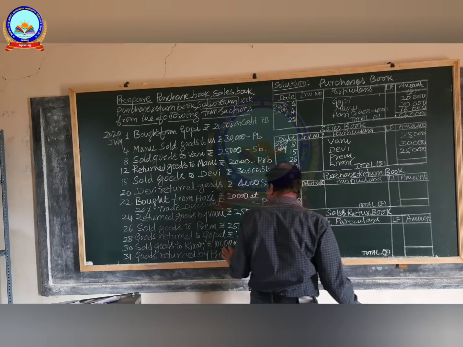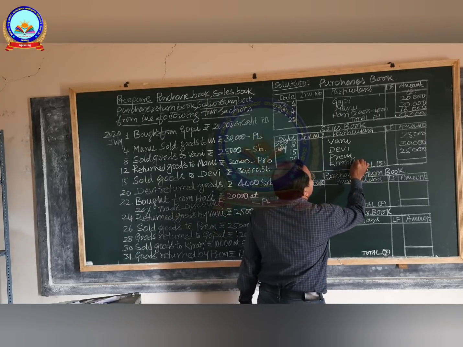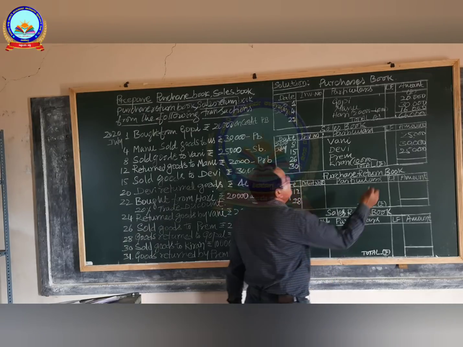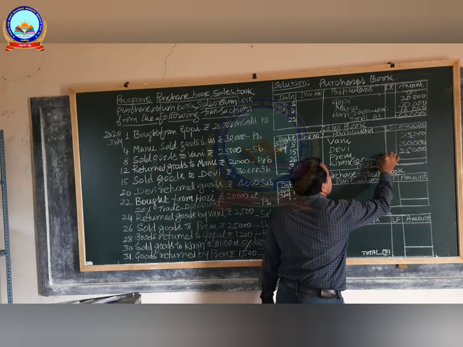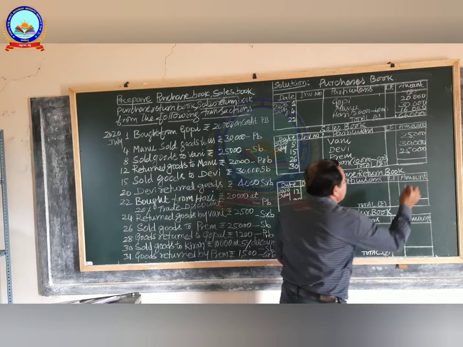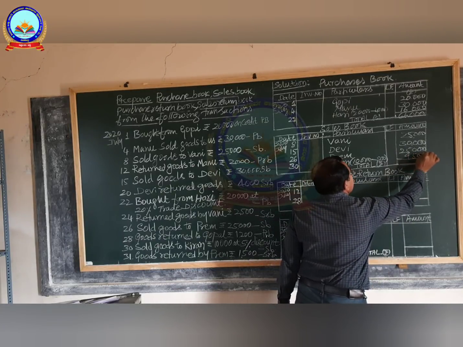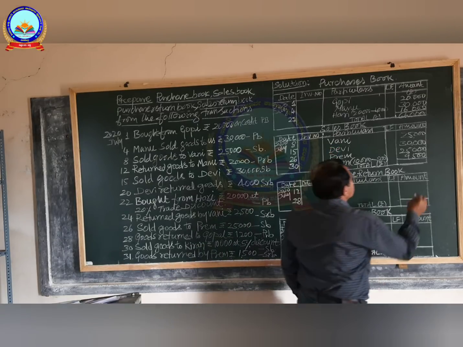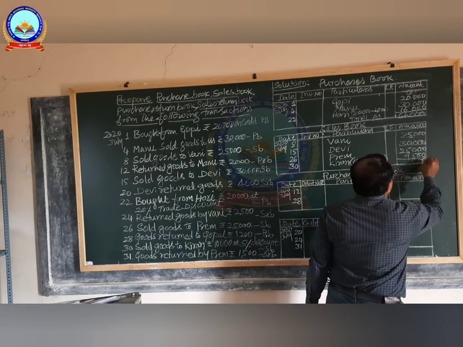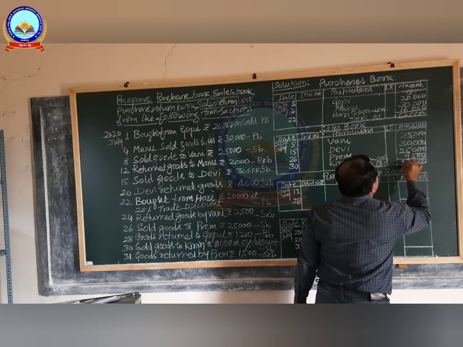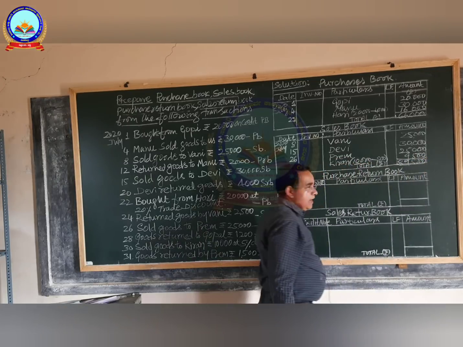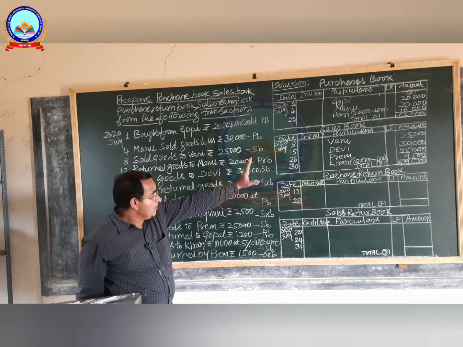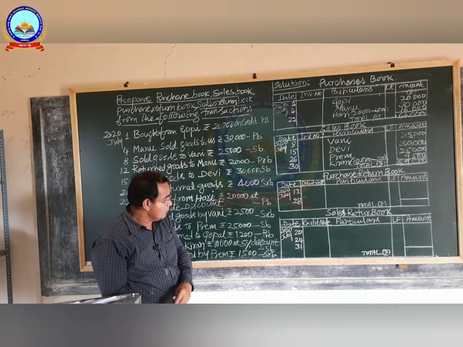Write in brackets total value 10,000 minus discount at 5%, which comes to rupees 500. The net amount is 9,500. The total of the sales book comes to rupees 89,500. In this way, we have to prepare the sales book.